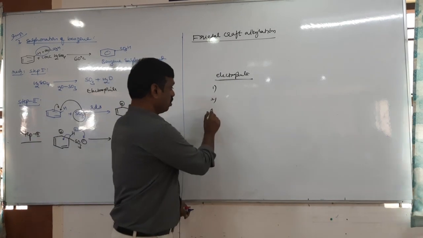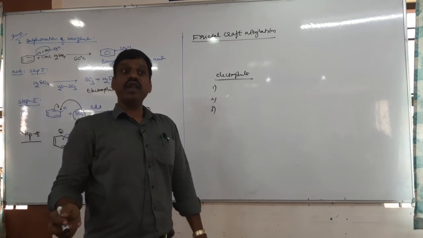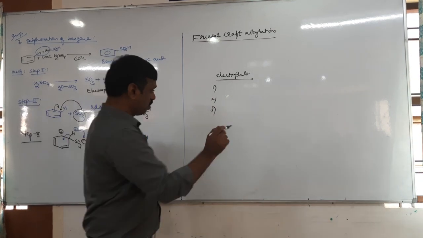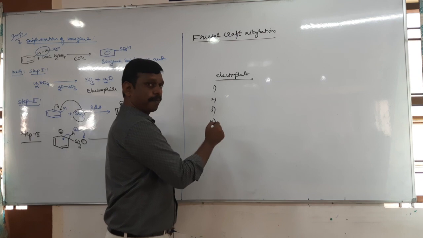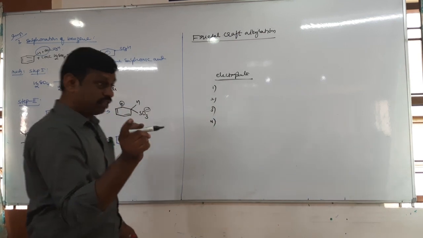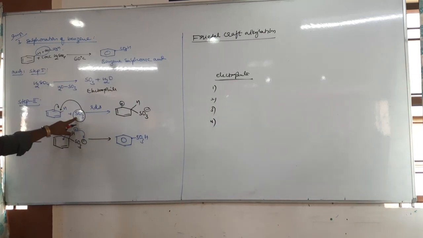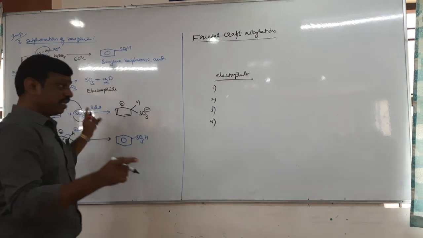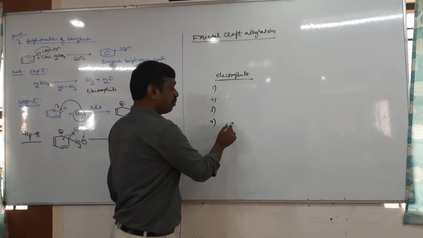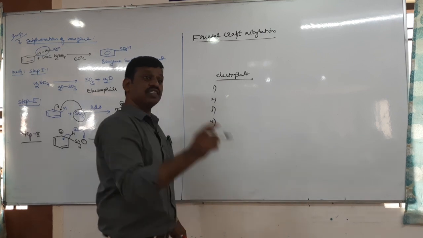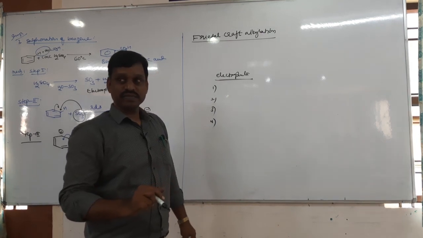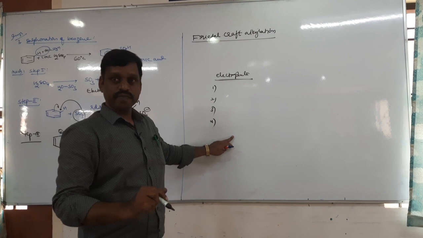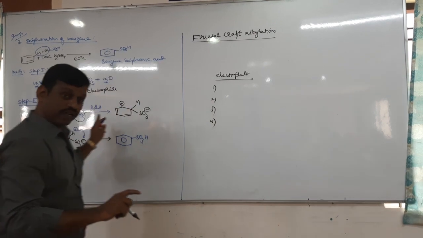Or next, the species in which the central atom has less than 8 electrons. Or there we have given the neutral species in which the central atom has multiple bond with a more electronegative element, that is an electrophile. Okay. It is not a nucleophile, it is an electrophile.